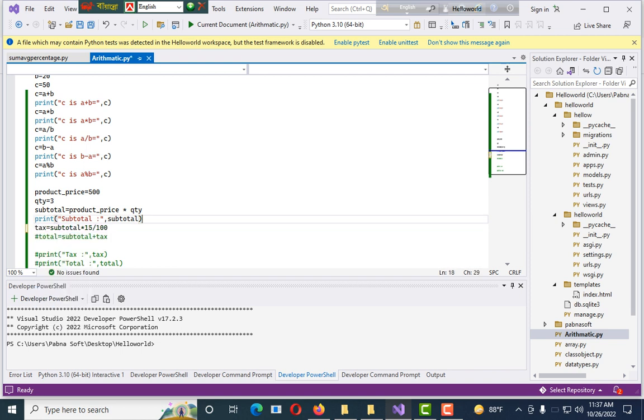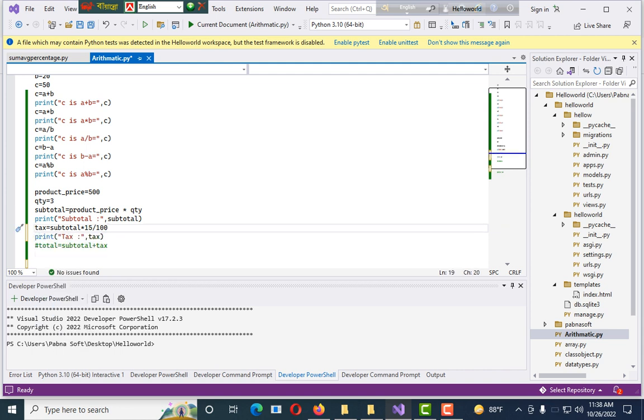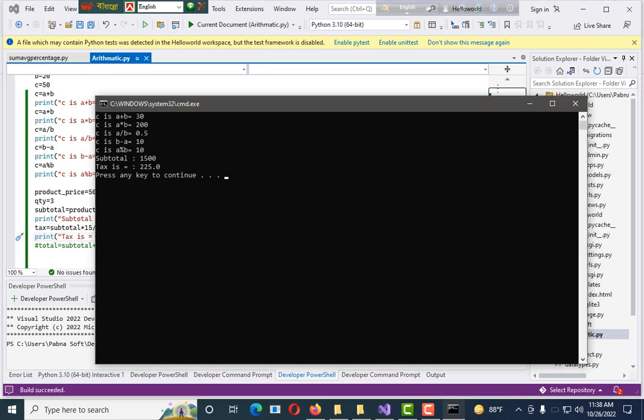So print tax, find out tax. Tax is 225 taka.